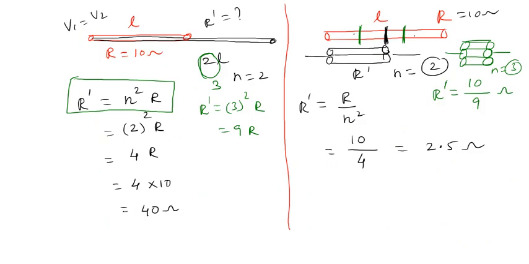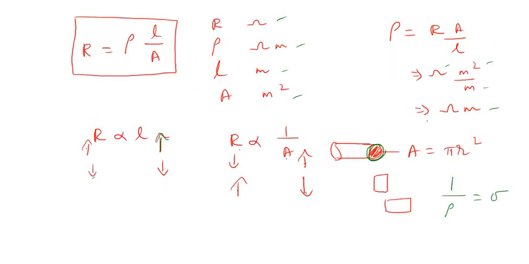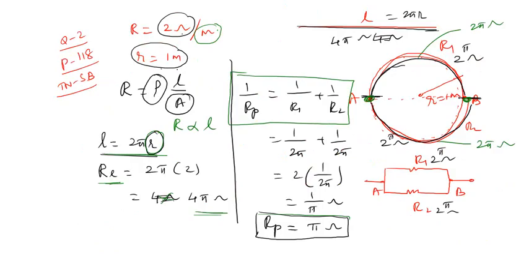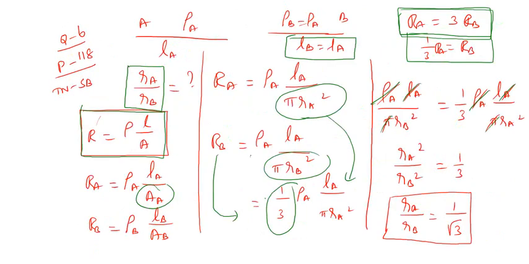This is when a wire is stretched and extended. The second one is for a wire cut and connected in parallel. This is R equal to rho into L by A. And this is when a wire is made into a circle, effective resistance across the ends A and B. And here we are comparing the radius of the wires.